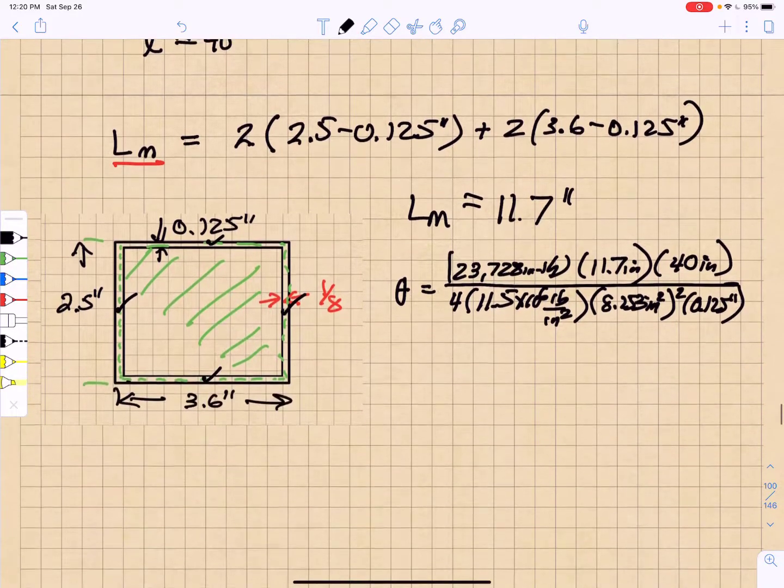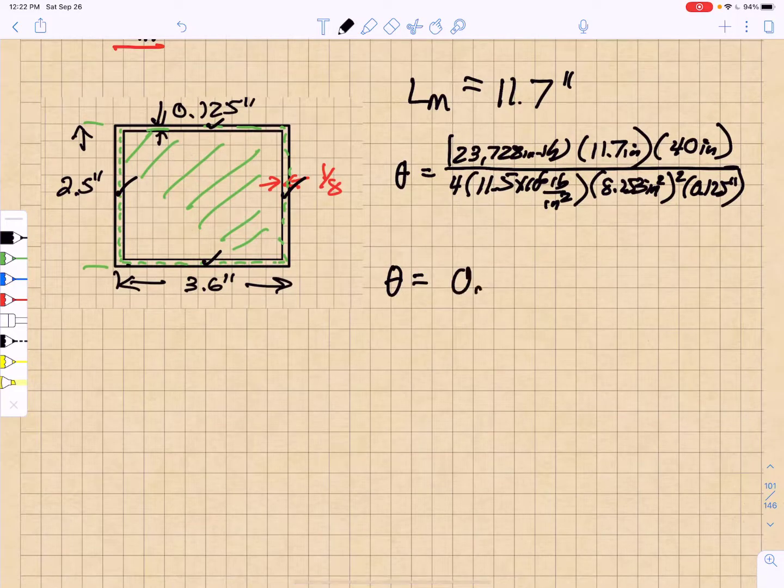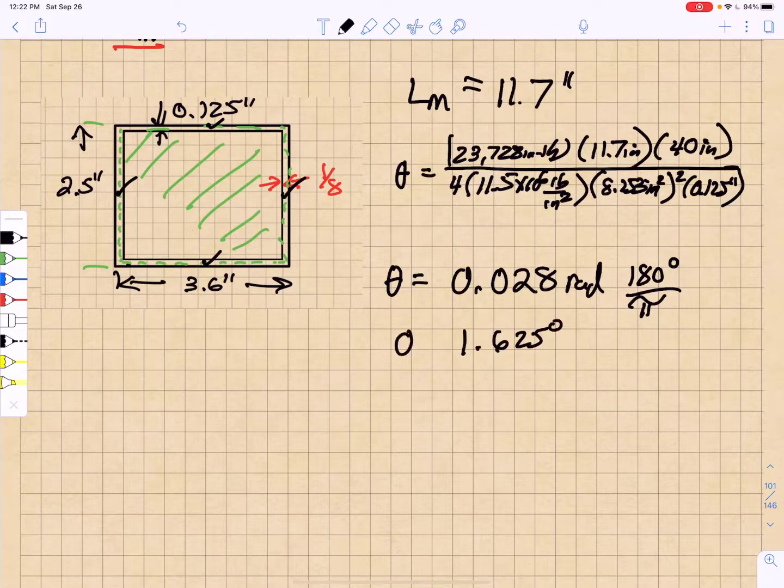So if we look carefully at all of that, I get 0.028 radians, and there are 180 degrees in pi radians. So if I multiply that by 180 and divide by pi, I get 1.625 degrees. So there is the angle of twist.